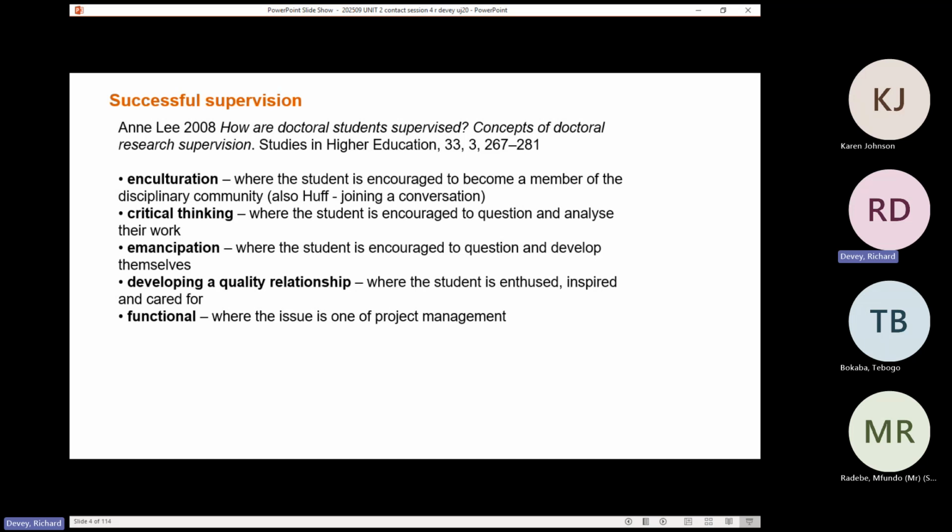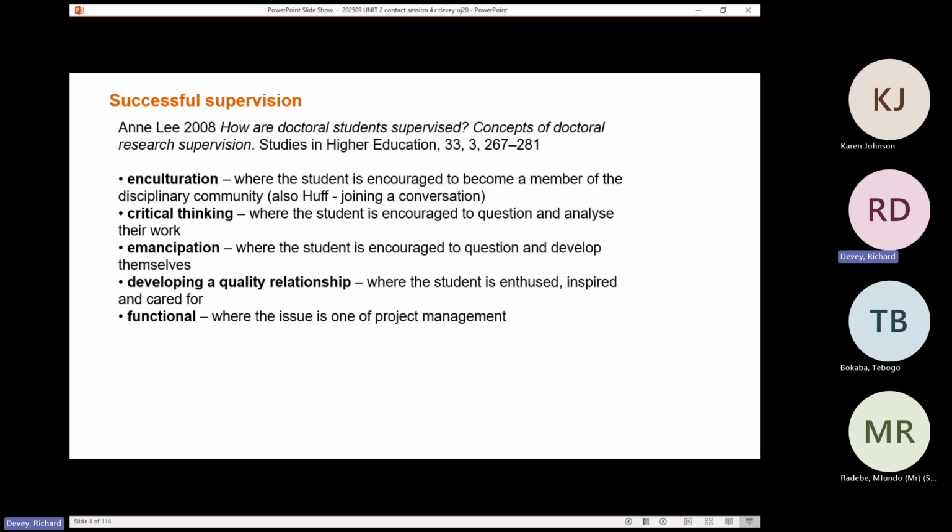The third component is emancipation, where the student is encouraged to question and develop themselves, in other words, their own development as a new academic. The fourth area is developing a quality relationship, where the student is enthused, inspired, and cared for by their supervisor. And then the fifth dimension is functional, and that's about project management and so on.